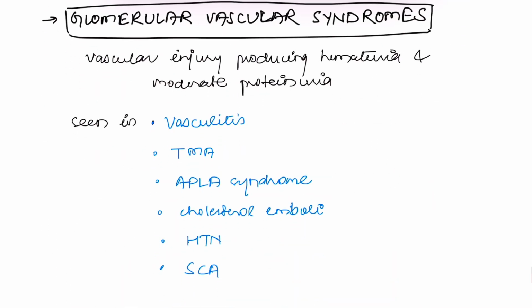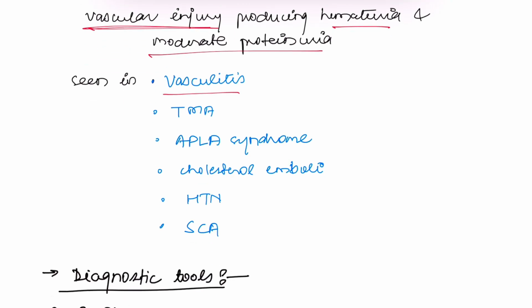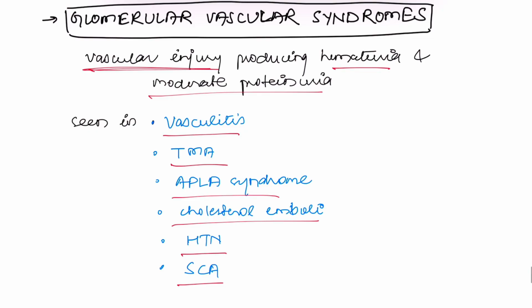Now, there are some other syndromes where the vascular compartment is going to get affected, and this vascular injury is going to produce hematuria and moderate proteinuria. So that is your vasculitis, thrombotic microangiopathy, APLA syndrome, cholesterol emboli, hypertension, and sickle cell anemia. These primarily involve your blood vessels, and because of that, they are going to present as hematuria and moderate proteinuria.